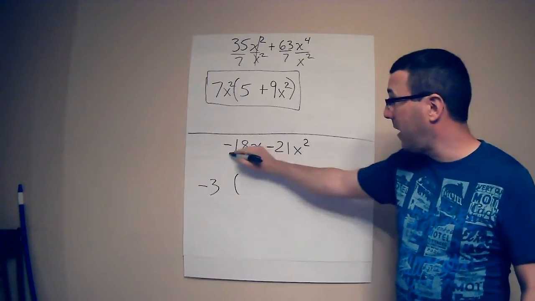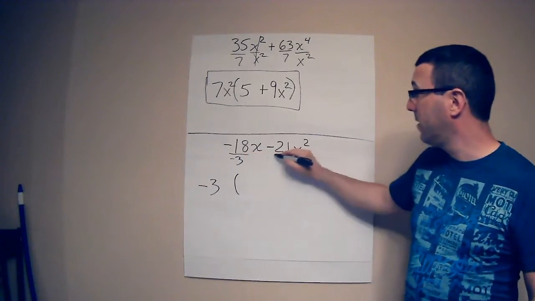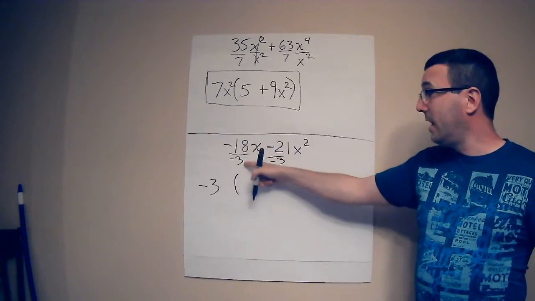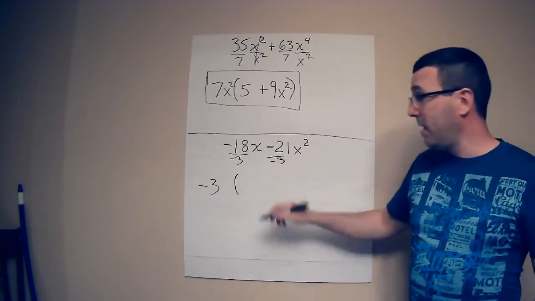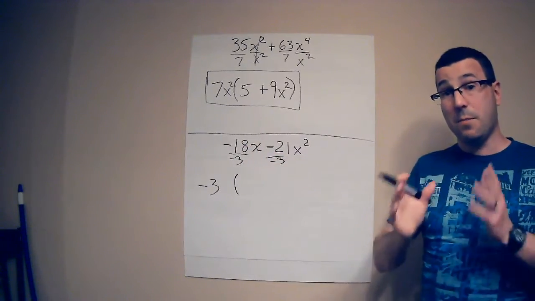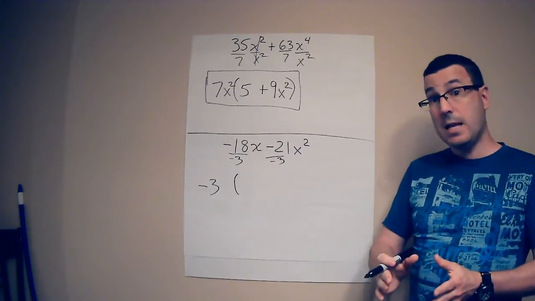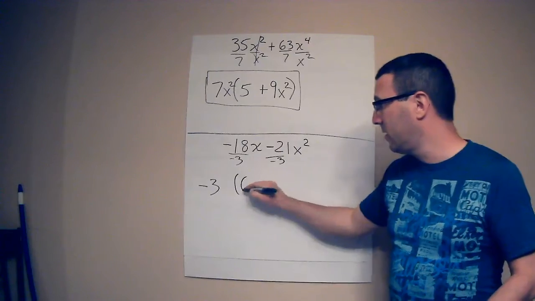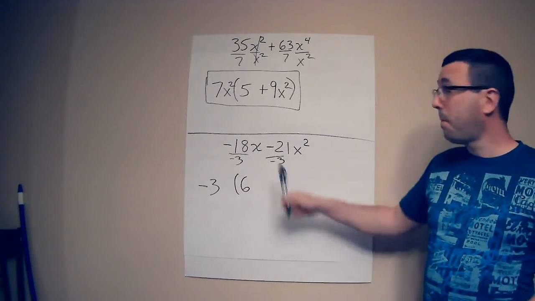So I'm going to divide this by negative 3, and I'm going to divide that by negative 3. Negative 18 divided by negative 3, negative divided by a negative is a positive. 18 divided by 3 is 6. Leave a little bit of space.